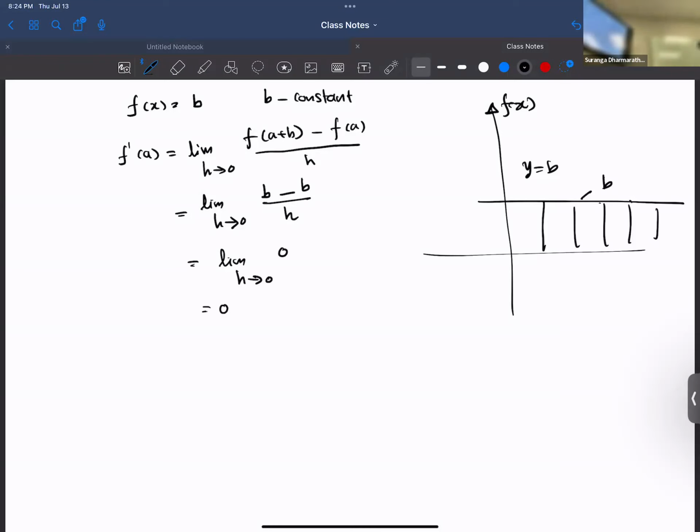For a constant function at any value of a, the derivative is 0. Why? What is the slope of the tangent? What is the slope of this line? 0. A 0 slope is parallel to the x-axis. Does that make sense?